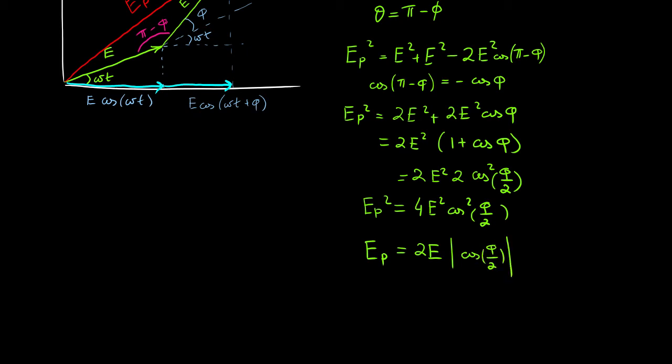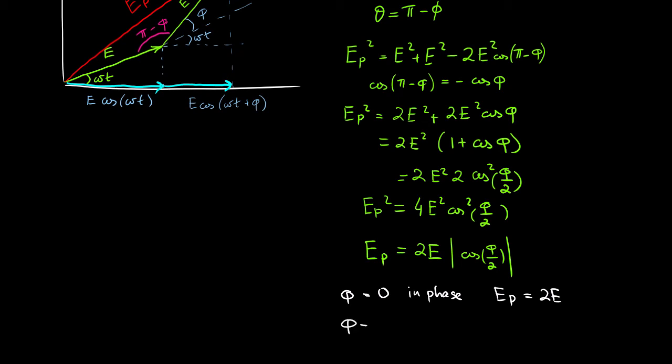Okay, well, let's analyze this a little bit. When phi equals 0, that means the waves are in phase. Then our EP equals 2 times E. As we would expect, the amplitude doubles up.